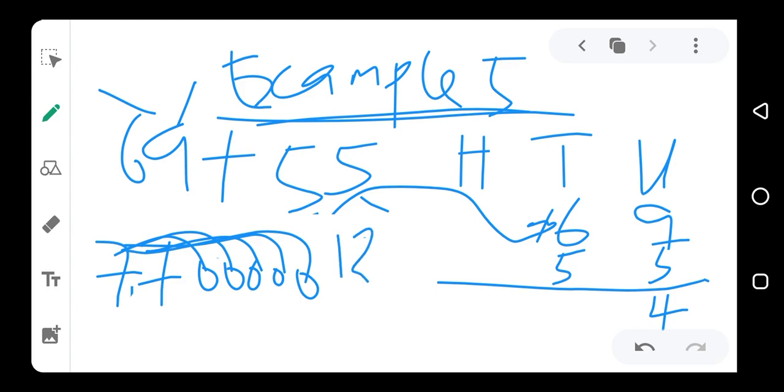Now we write 2 under T. And then the 1 that is remaining, we bring it to under H. There's nothing to add to it. So we just bring it down, 1. So it becomes 1, 2, 4. So this is the answer. This is how to add numbers greater than 10.